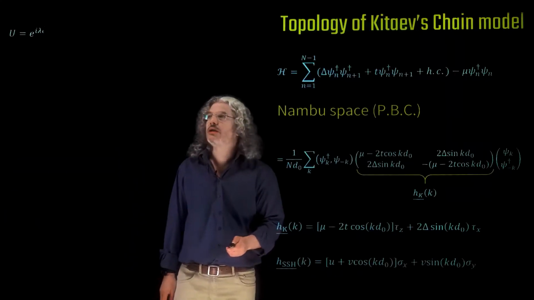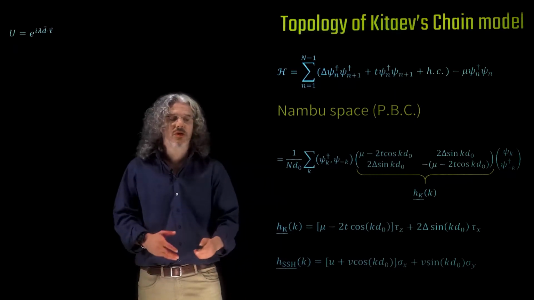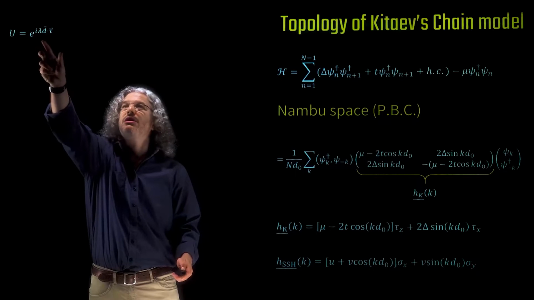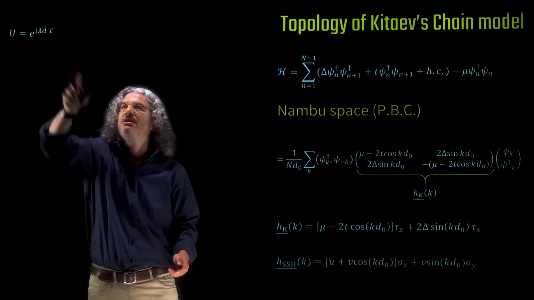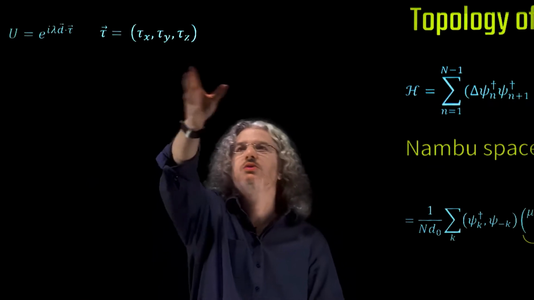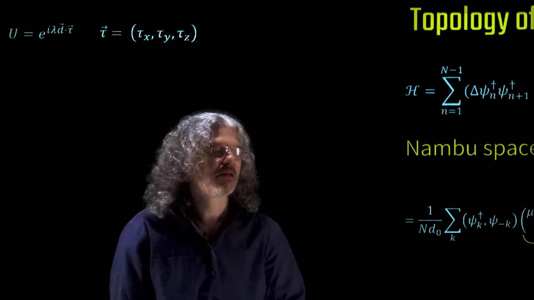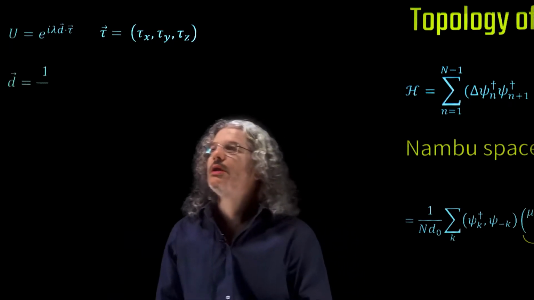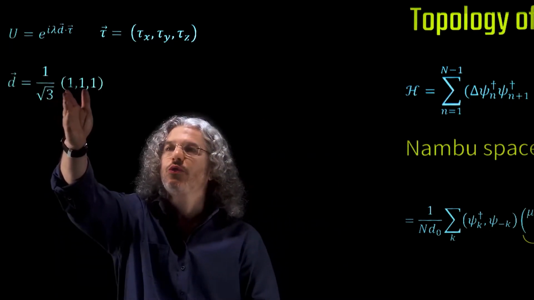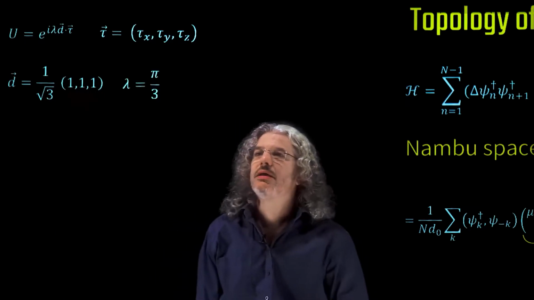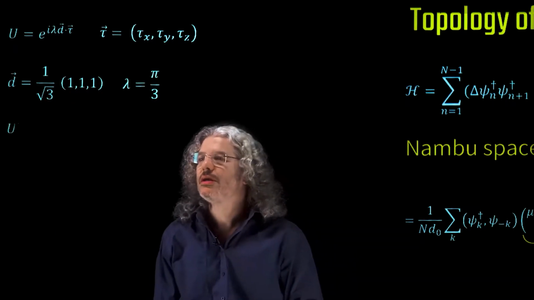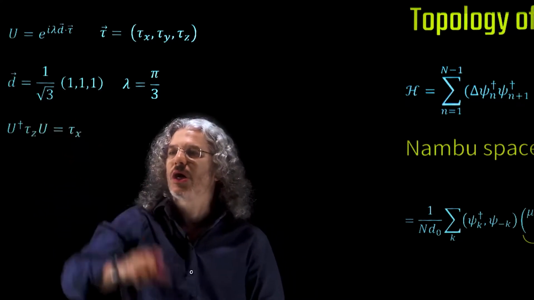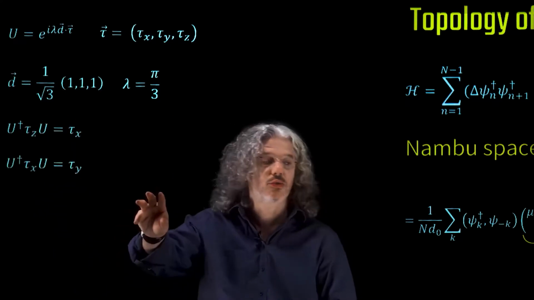So we can actually relate them in an even more closed form. If I use the rotation operator in the Nambu space, U equals e to the i lambda d dot tau, where tau is simply the 3 Pauli matrices in the Nambu space, tau x, tau y, and tau z, and I choose d to be 1 over square root of 3 times (1, 1, 1), and lambda equal to pi over 3, then one can check that this is simply a rotation of tau z to tau x and tau x to tau y.